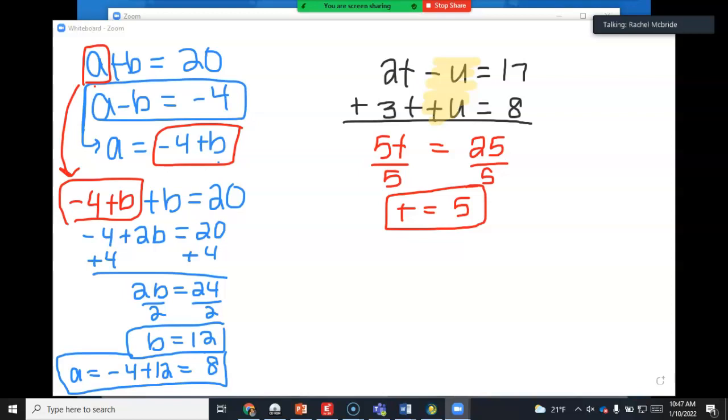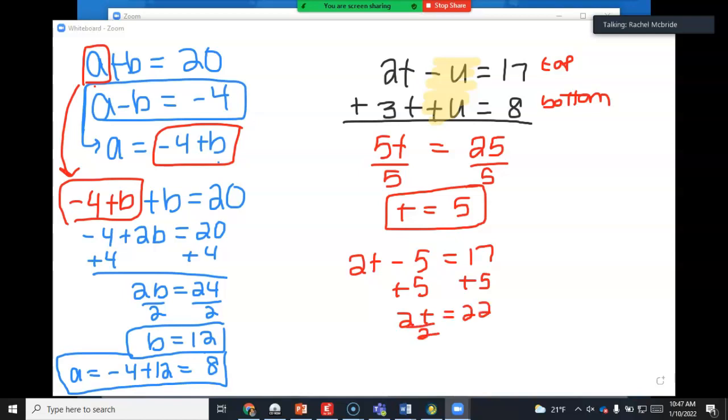Because t is equal to 5, we substitute that back in. You can substitute it into the top or bottom equation. It does not matter. So you have 2t minus 5 equals 17. Add 5 to both sides, and you get 2t equals 22. Divide both sides by 2, and we get t is equal to 11.